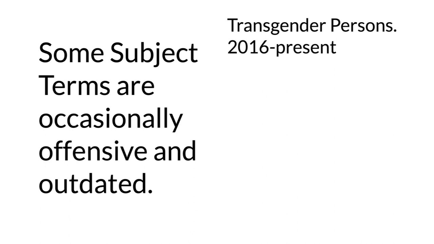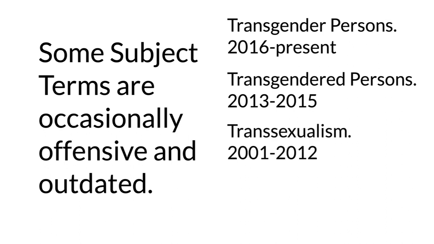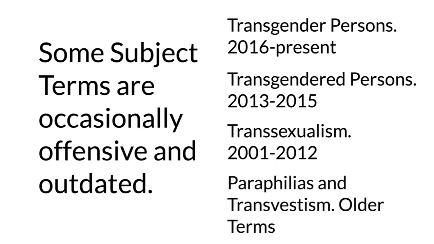For example, the term transgender person entered PubMed's medical subject heading system in 2016. Before that, it was transgendered persons from 2013 to 2015 and transsexualism from 2001 to 2012. Its previous history included terms we wouldn't use today, such as paraphilias and transvestism.